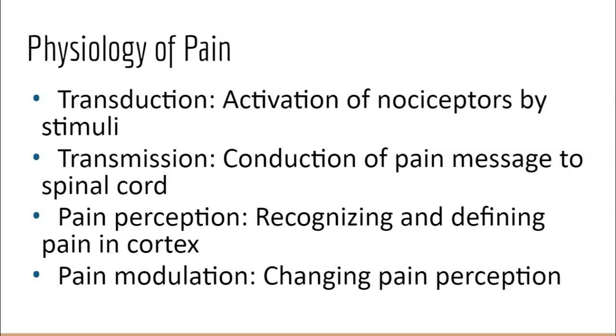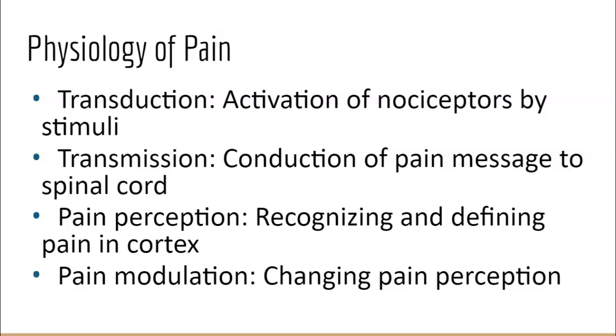These impulses trigger the release of endogenous opioids and other substances to block the continuing pain impulses and provide pain relief. Endogenous opioids are naturally occurring analgesic neurotransmitters such as endorphins. Those usually inhibit the transmission of pain impulses.